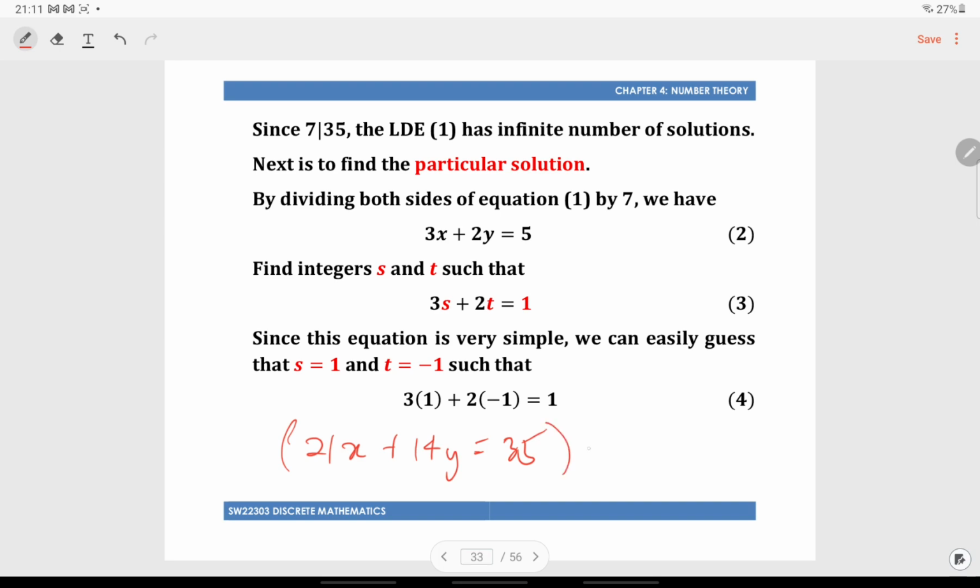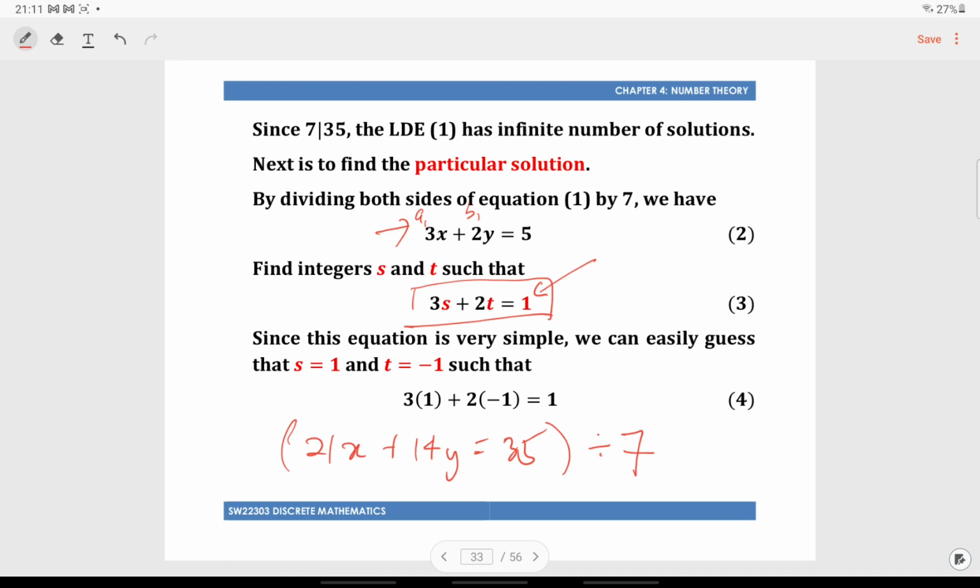We divide this equation by 7 and obtain equation number 2. We have our A1 and our B1, so we need to solve this equation. Remember the GCD: now the value at the right hand side is equal to 1, not 5.